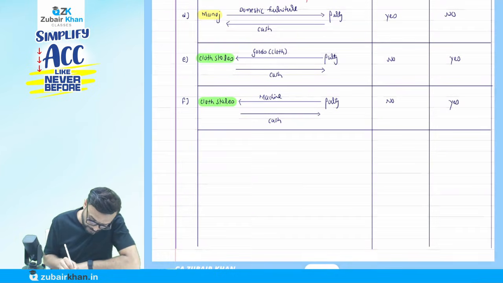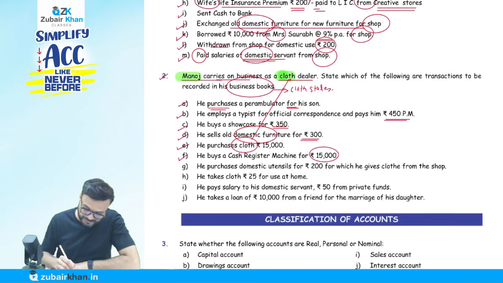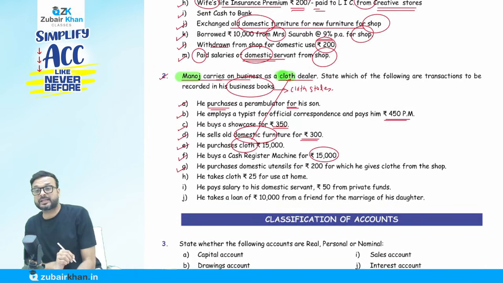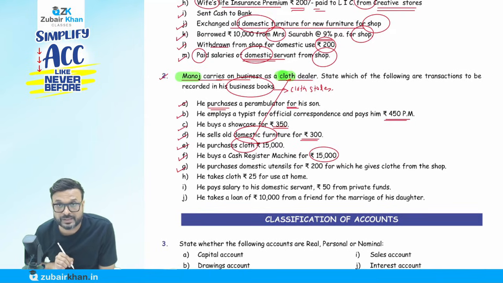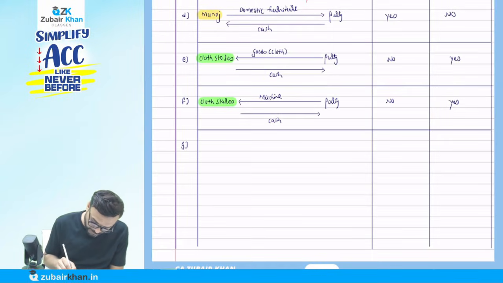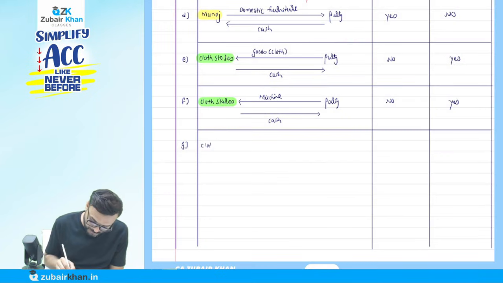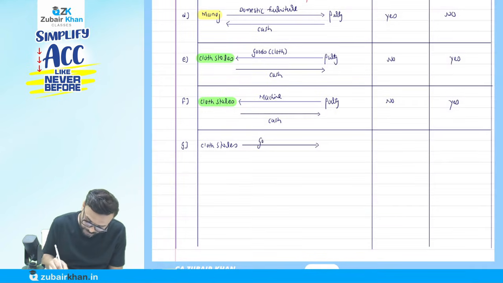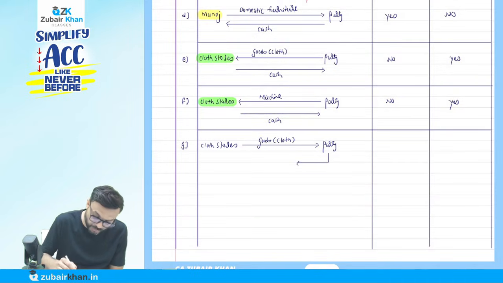Now next point, G. It says that now he purchased the domestic utensils for rupees 200, for which he gives cloth from the shop. Now understand this point. What is going to happen in G point? In a cloth store, that is business, they give certain cloth, goods, we call them goods because he is doing the business of cloth, to some party, and that party is going to give certain utensils for personal use of Manoj.